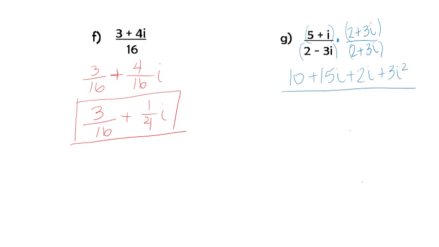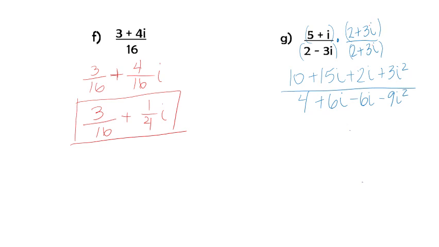In my denominator, I'd have 2 times 2 is 4. 2 times 3i is plus 6i. 2 times negative 3i is minus 6i. And then negative 3i times positive 3i is minus 9i squared.